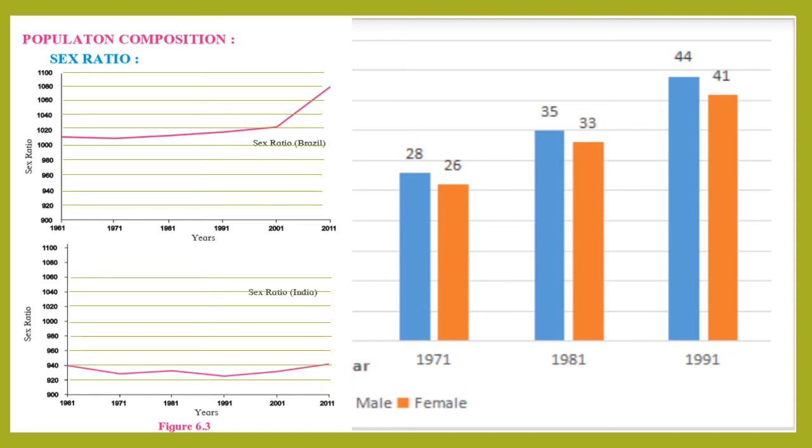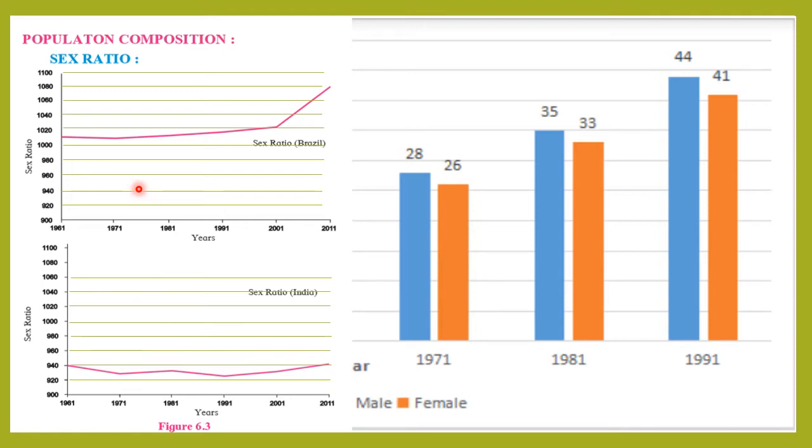And here in India, if it is asked for 1971, how much was the female population? So here we need to keep a scale and match it to the y-axis. So on the y-axis, how much is the population? 930 females out of 1000 males.